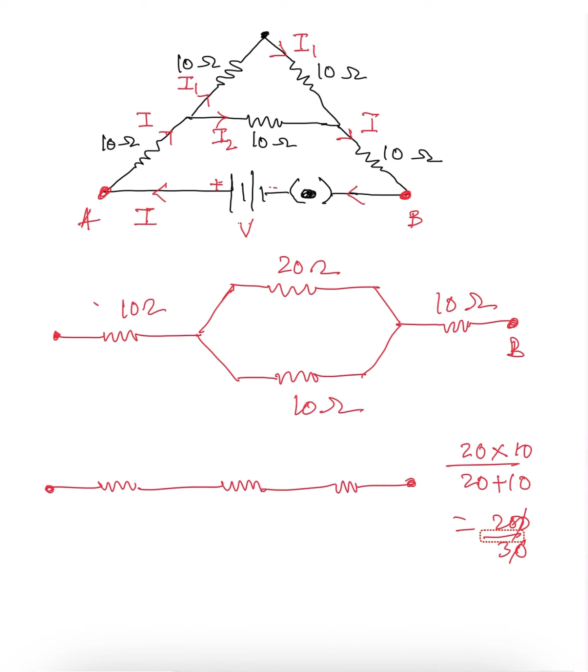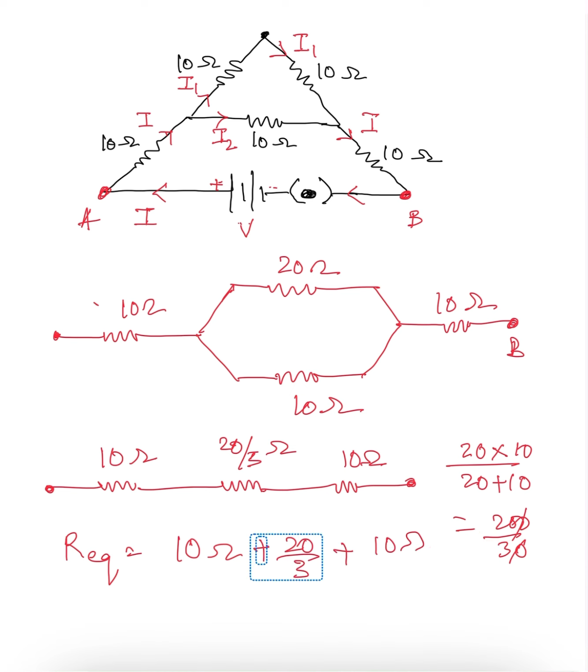So now this is my equivalent circuit: 10 ohm, 20 upon 3 ohm, and again 10 ohm. Now they are all in series. So since they are all in series, what you need to do is simply add them all up. The equivalent resistance will be 10 ohm plus 20 upon 3 plus 10 ohm.